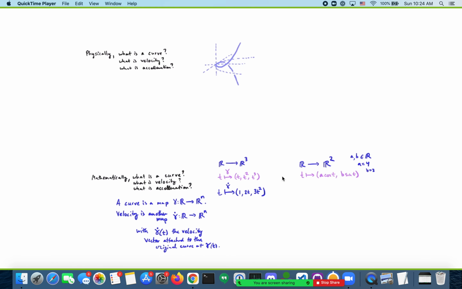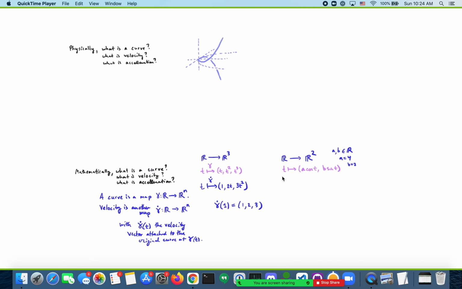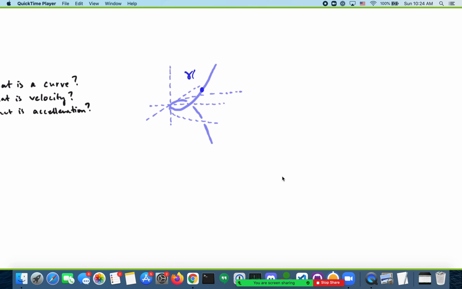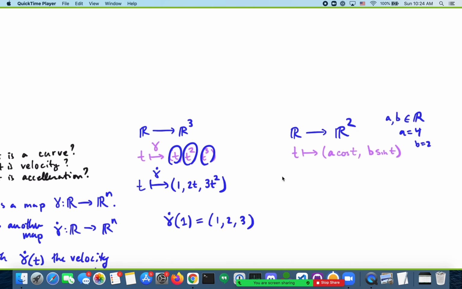So we evaluate this like gamma prime of 1, we plug in t equals 1 and get 1, 2, 3. And that means that over here at gamma of 1, this point here, we have a velocity vector, and that is gamma prime of 1. In this case, it happened to be 1, 2, 3, whereas gamma of 1 was 1, 1, 1. Right, 1, 1, 1, plugging in at t equals 1.